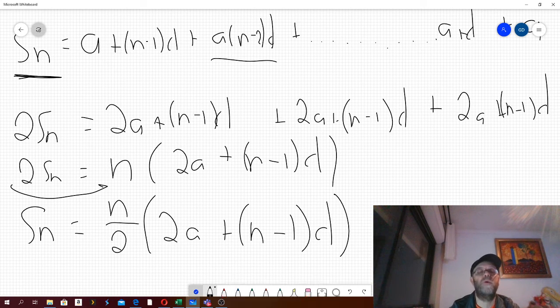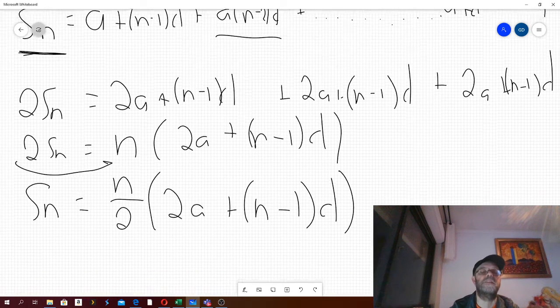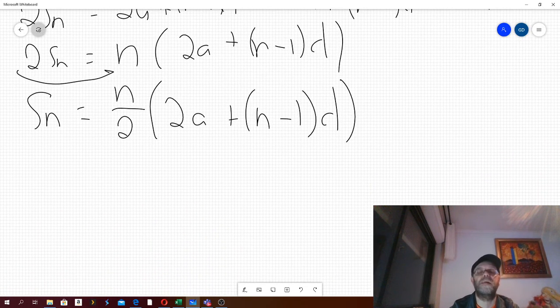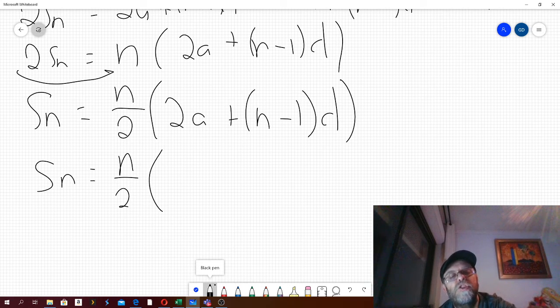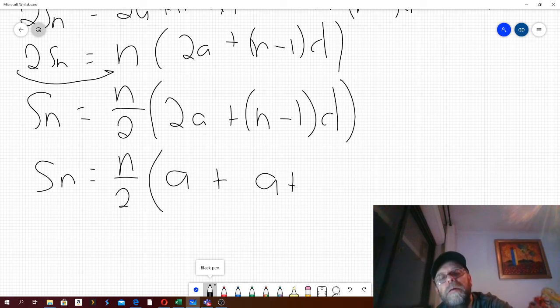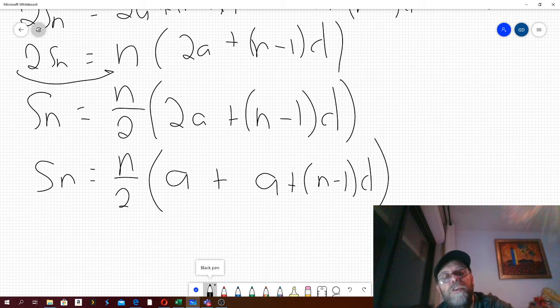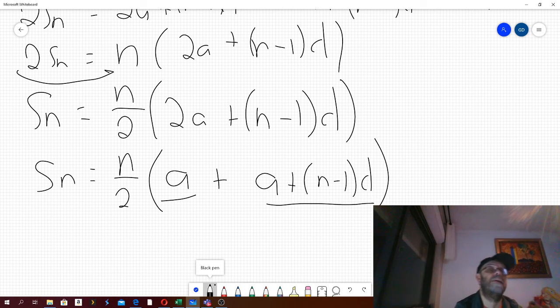I just want to point out one other little thing about this expression, because one of the things I can do with that same expression is write it as Sn is n over 2. I can take this 2a and split it into a plus a plus n minus 1 d. Now, if you know that a is the first term, you also know that a plus n minus 1 d ended up being your last term.